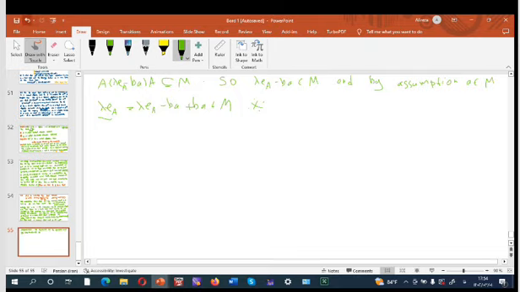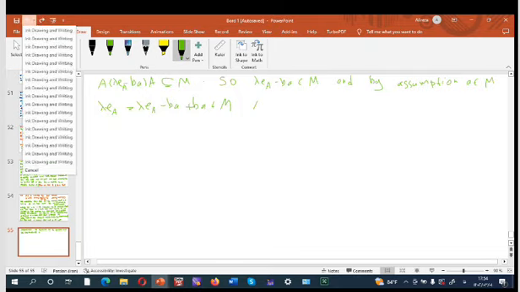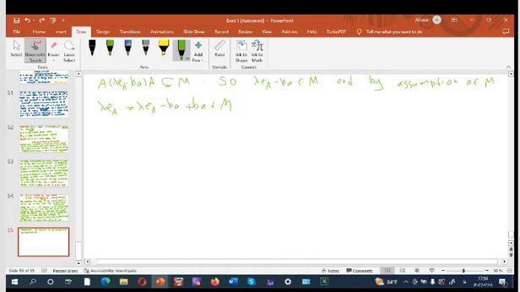Or from this we can see that EA must belong to M, and this is a contradiction because M must be equal to the whole of A.